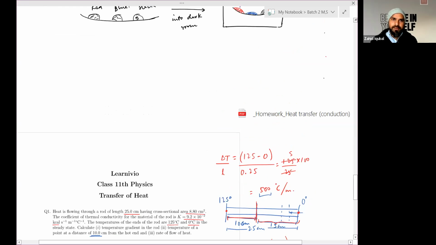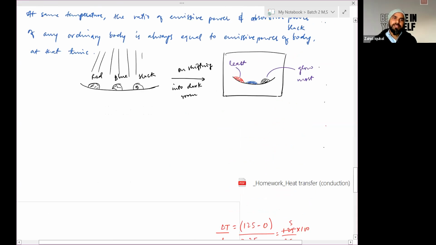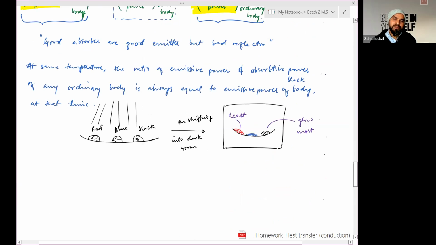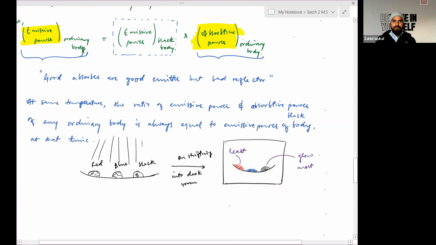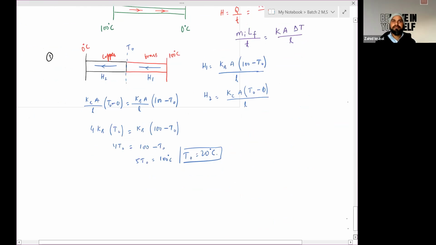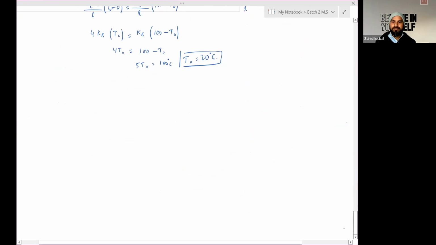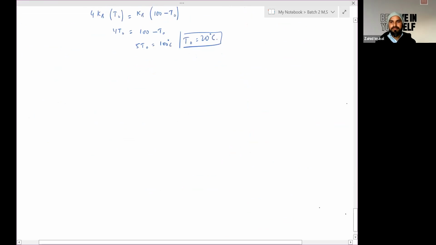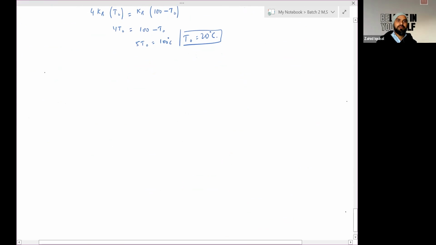In last class, we have done radiation, on the basis of which I have defined Kirchhoff's law of radiation up to this part. Next is Stefan's law of radiation.